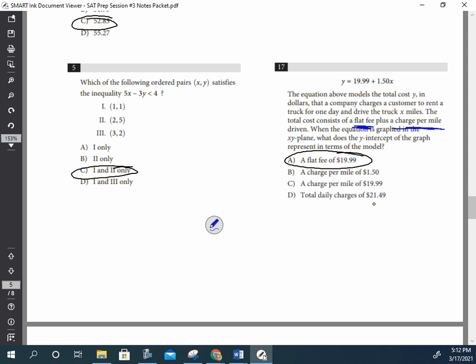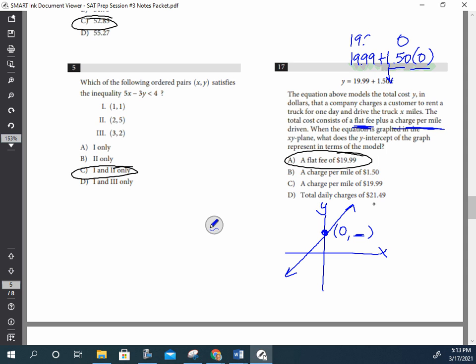So when you are graphing, you have y-axis, x-axis. A y-intercept is a point on the graph where x is equal to 0. So this is 0, comma, some number. So if you were to make x equal to 0, 19.99 plus 150 times 0, anything times 0 is 0, and that gives you 19.99.